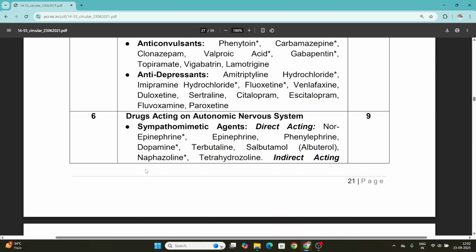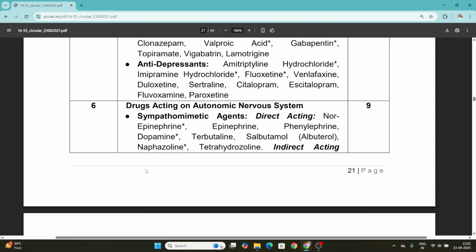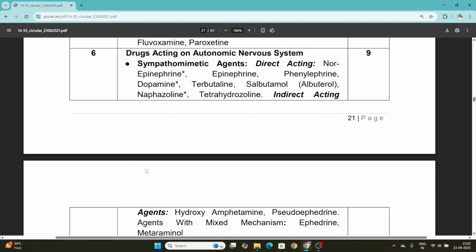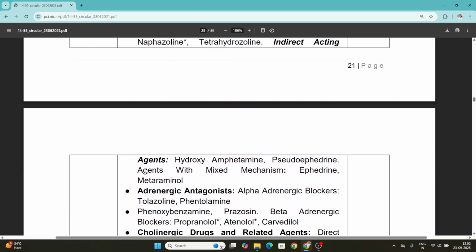Sympathomimetic agents: direct acting: norepinephrine, epinephrine, phenylephrine, dopamine, terbutaline, salbutamol or albuterol, naphazoline, tetrahydrozoline. Indirect acting agents: hydroxyamphetamine, pseudoephedrine.